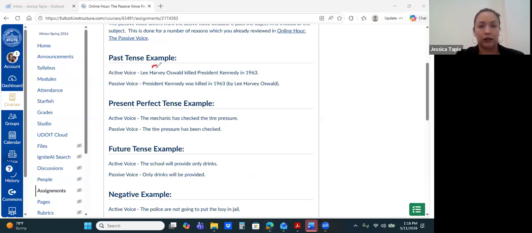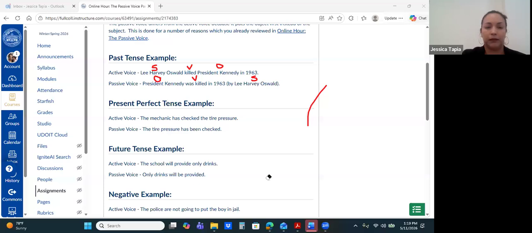So we have a subject, a verb, and an object. And remember, when we make the passive voice, we switch it. So we go object, verb. And then sometimes we include the subject, sometimes we don't even include the subject because the subject is not what is important. What is important is what action was done, right?